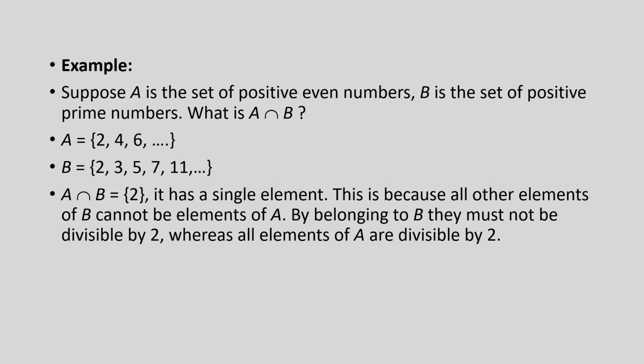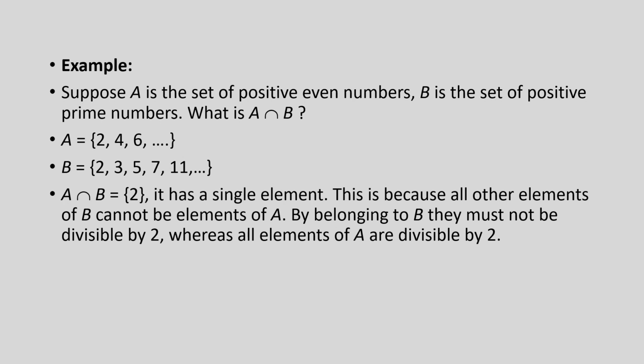The reason is that all other elements of B cannot be elements of A. Intersection means that any element in the intersection set must be in both the sets. So, they must be in B, but except 2, all other elements of B cannot be elements of A.